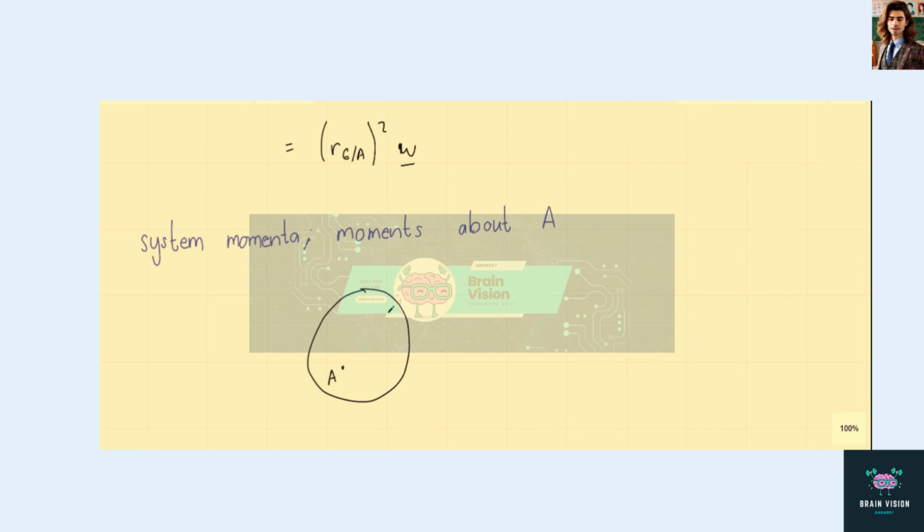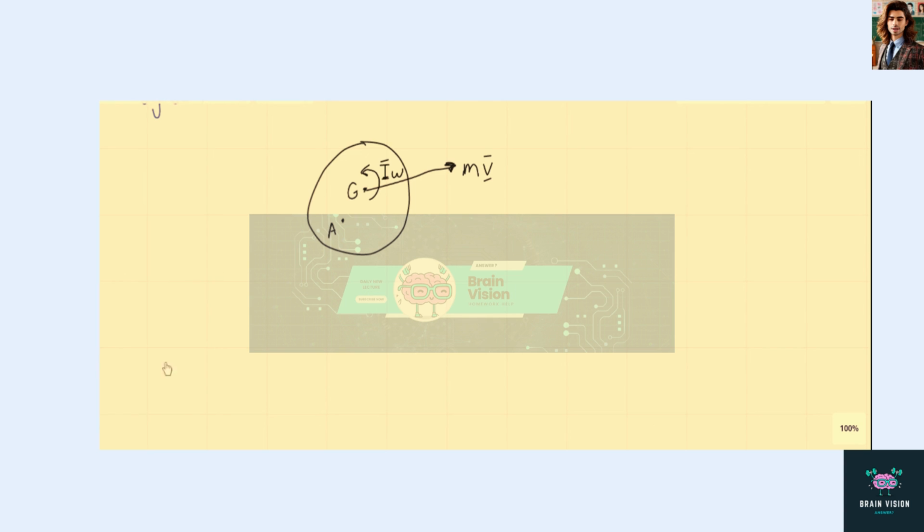Here we have point A, and here we have our center of mass, point G. We have a rotation, which is I bar, the centroid mass moment of inertia, times omega, about the center of mass, which moves with momentum m v bar. So now we're looking at the center of mass point G, and we'll take moments about A.